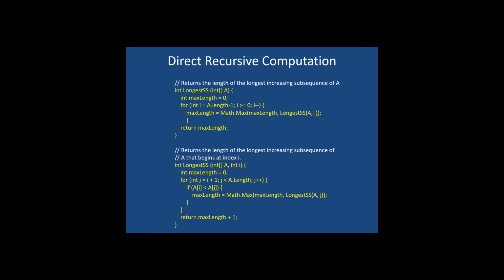So it's just an optimization loop that solves the subproblem at j and sees if it's bigger than the largest length that we've seen so far. It's just looking at all the numbers to the right, figuring out the largest, as long as they're colored yellow. And then once we found it, we add 1 and return our answer.